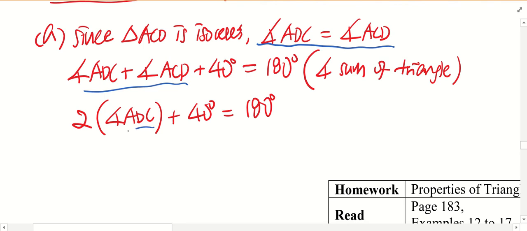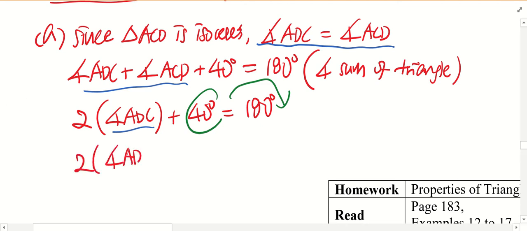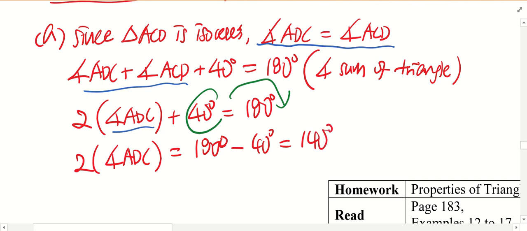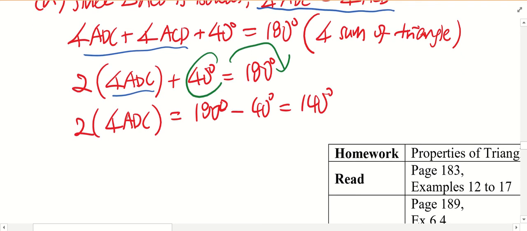I see that there is a 40, so I'll shift this over. Plus 40 becomes minus 40. So 2 times angle ADC equals 180 degrees minus 40 degrees, that gives us 140 degrees. So 2 times ADC is 140. Immediately we know that ADC is 70 degrees, and we're done.